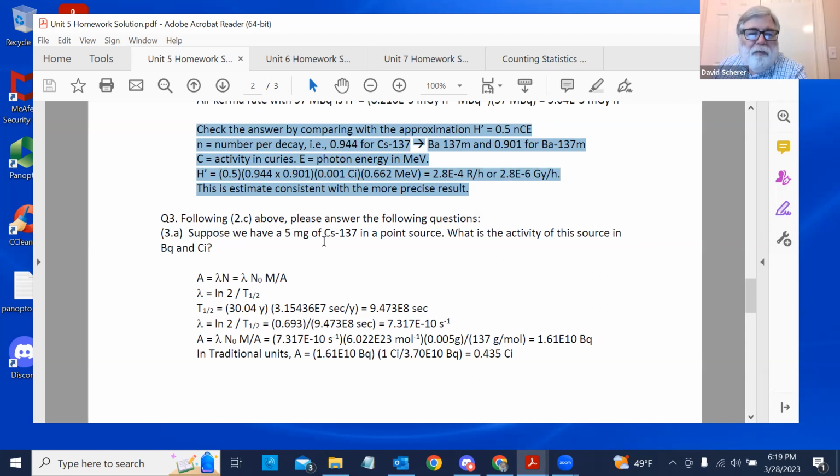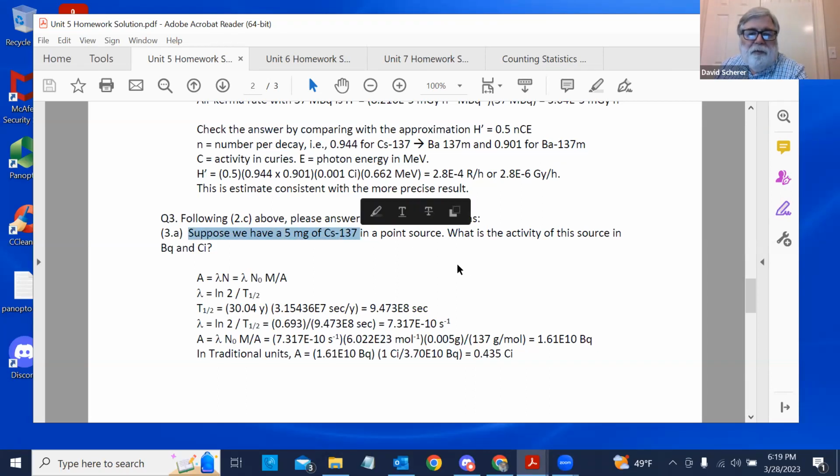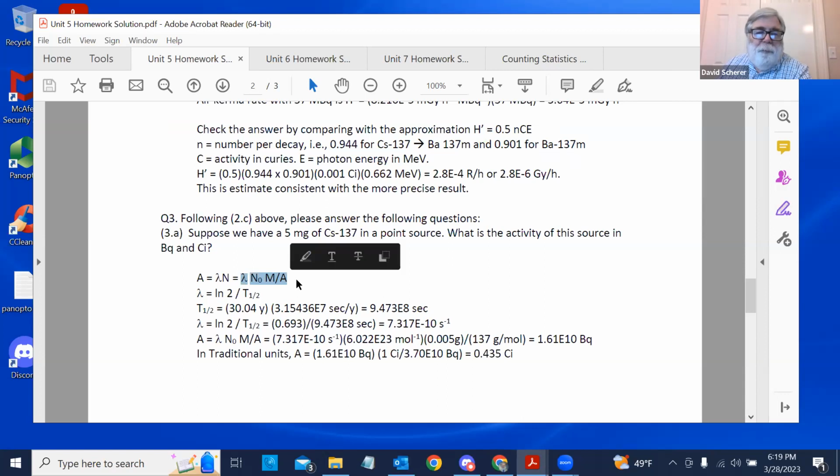Okay, so for problem 3, we have a 5 milligram cesium-137 point source, and we're asked what's the activity? Most people understood to use this formula. It's related to specific activity.